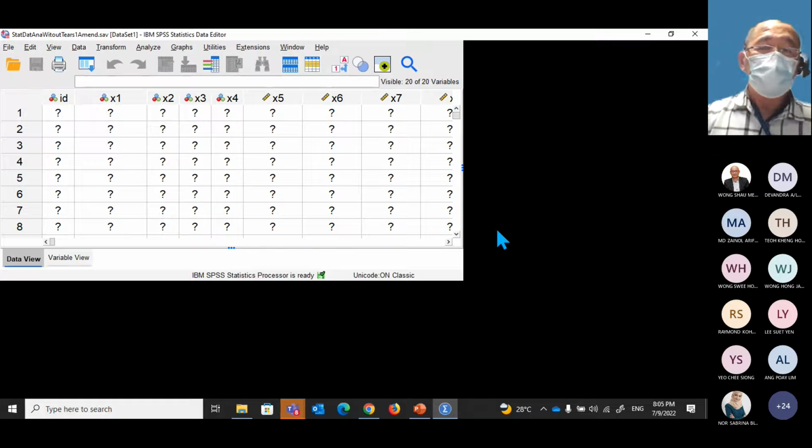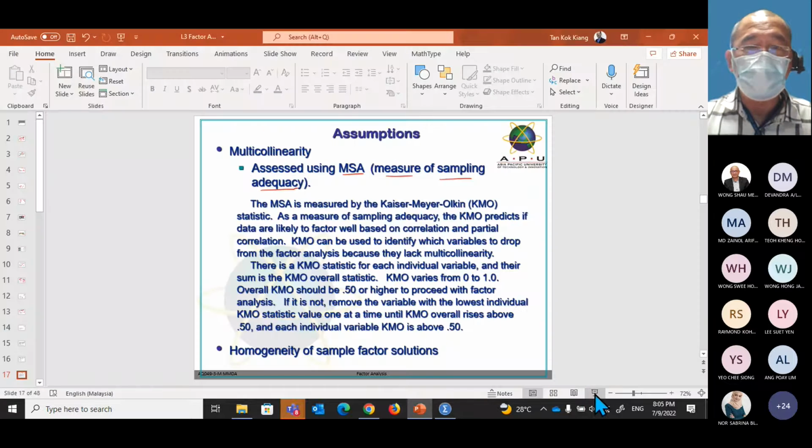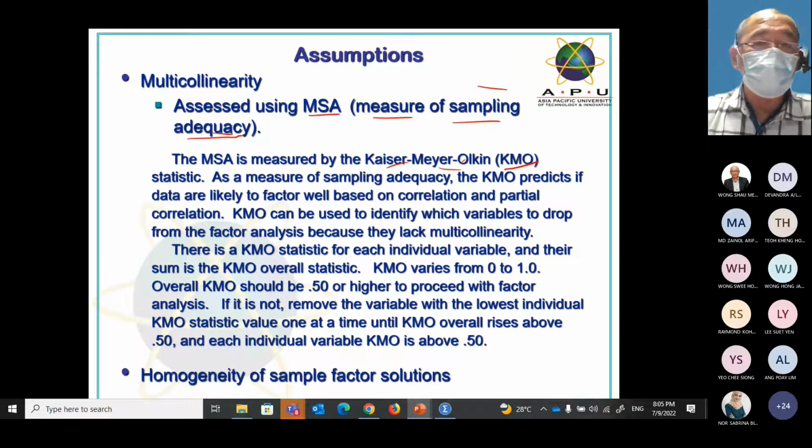So we see MSA. MSA is measured by KMO statistics. This statistic was developed by these 3 persons, but the purpose is to measure the sampling adequacy: is the sample good or not good for us to run the factor analysis?